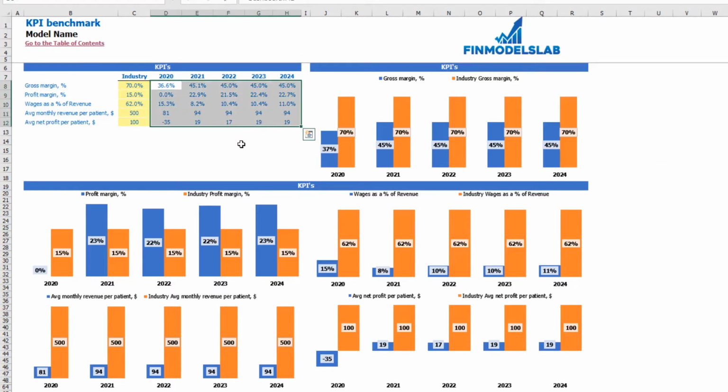All these values are calculated by years depending on the inputs and drivers in your model, and you may see the graphical information on the charts which show you your KPIs or your metrics based on model and industry metrics.